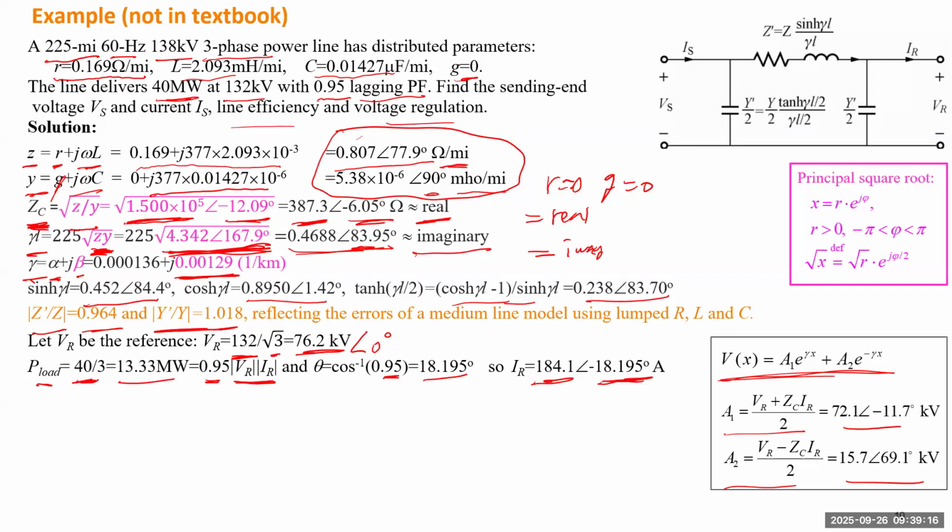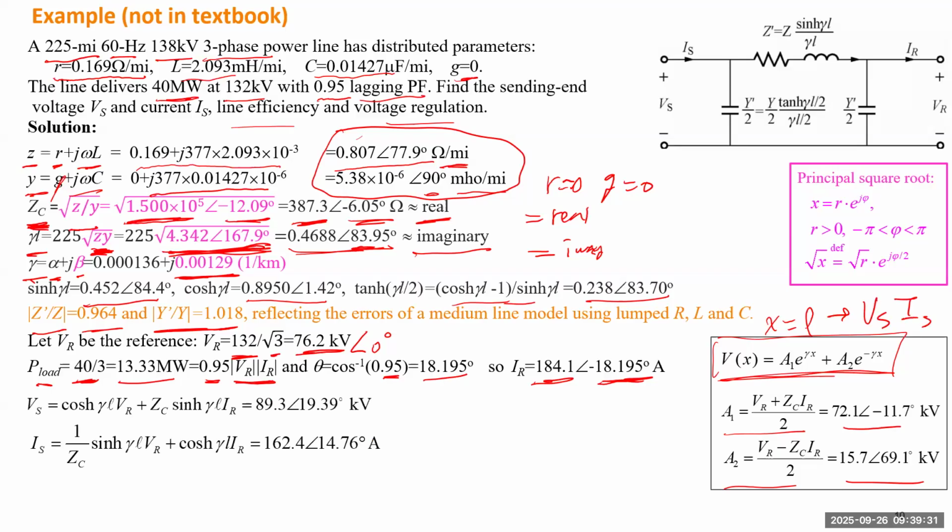But now we can utilize this formula. You just let S equal L, and that will give you VS and IS. So those two formulas tell you the voltage on the sending end will be 89.3 kV with a certain angle, and this is the current.